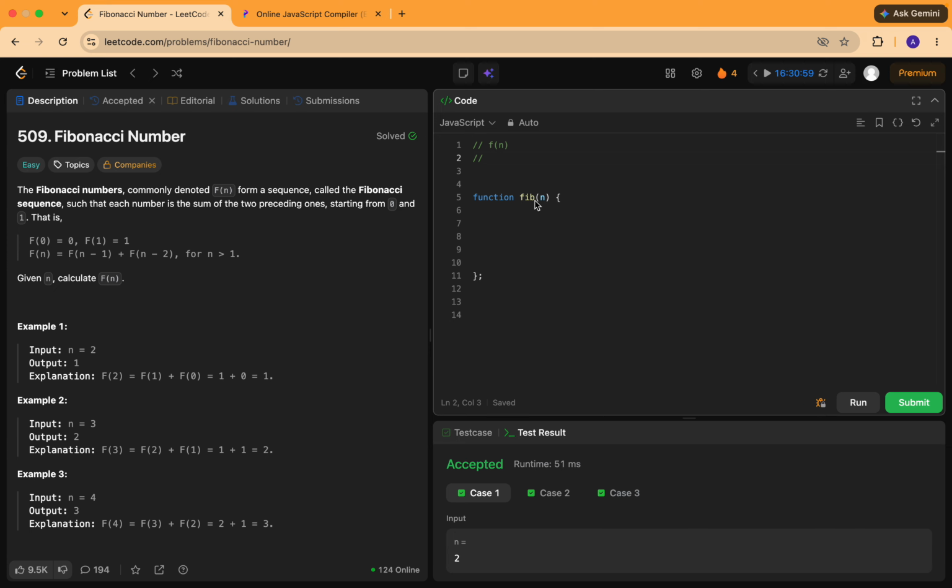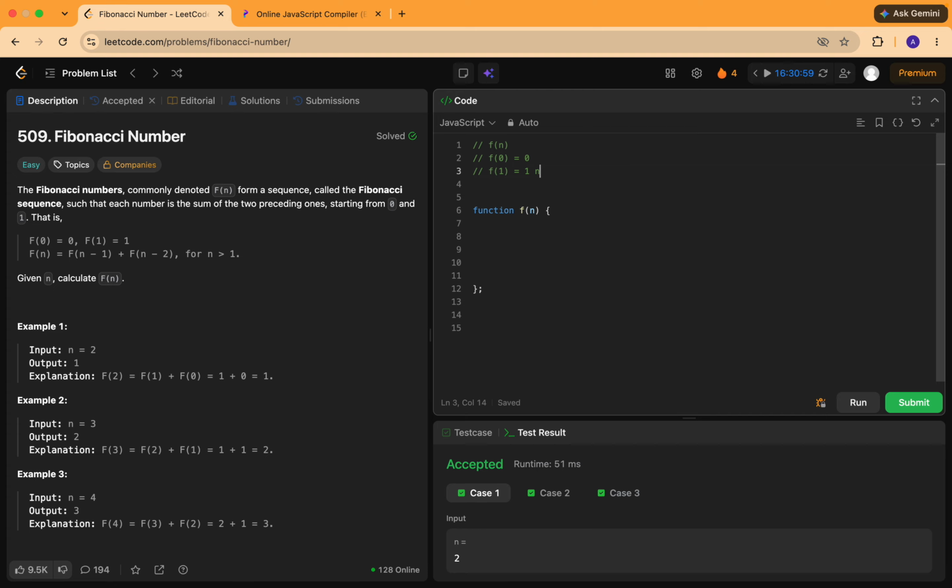It says that when n equals 0, F(0) equals 0, and when n equals 1, F(1) equals 1.